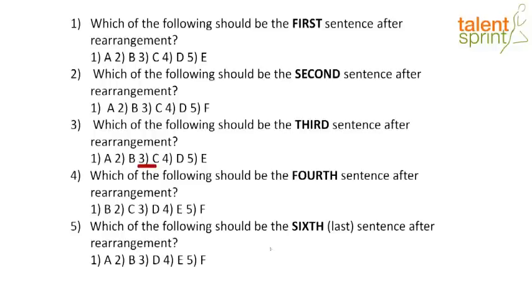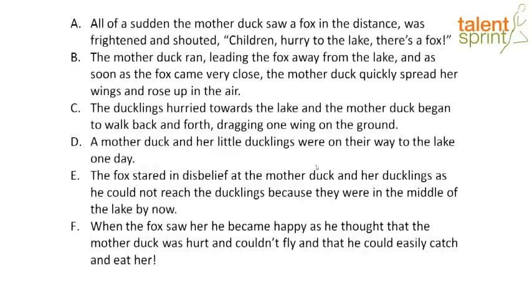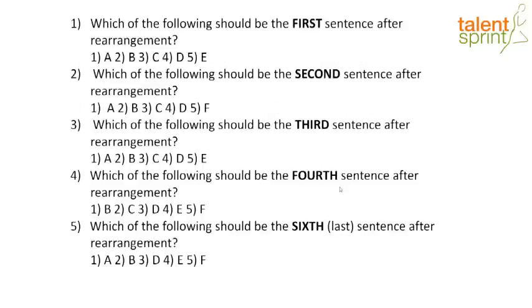Which of the following should be the fourth sentence after rearrangement? The fourth one we know is the ducklings hurry towards the lake. That was the third one. So the fourth one is because of that weird action that the mother duck was doing when the fox saw her. F, right? He became happy as he thought that the mother duck was hurt. So F would be the answer, and that comes in option 5.